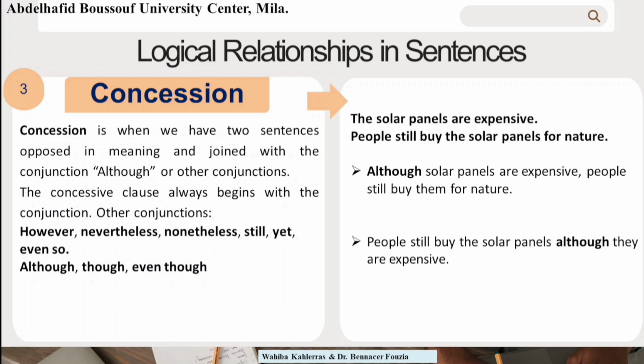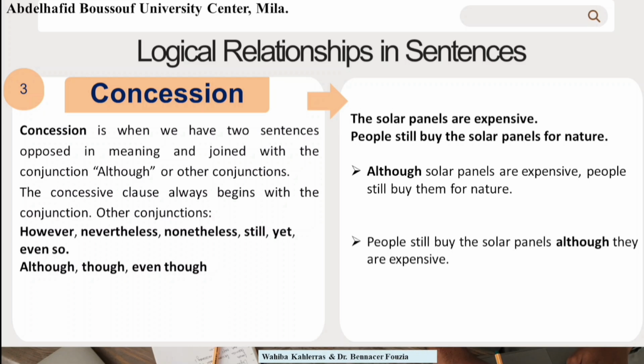When I use however, with synonyms like nevertheless, nonetheless, still, yet, even so, and I can also add but, they always come in the middle of the sentence. We cannot invert the two clauses, like the rule of consequence or the rule of effect. We cannot invert sentences. These conjunctions always come in the middle of the sentence.